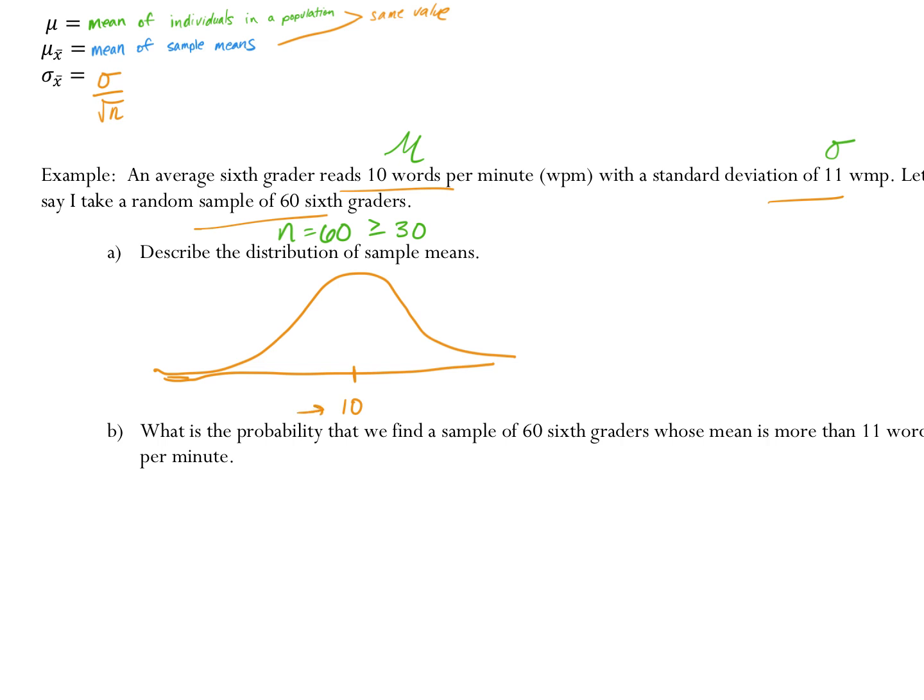The standard deviation of my X bars is 11 divided by the square root of 60, which, by the way, is 1.42. And again, this is a picture of sample means.